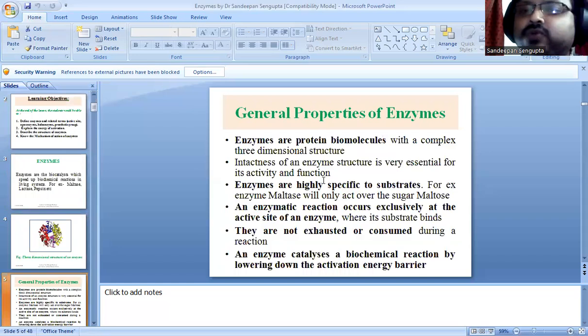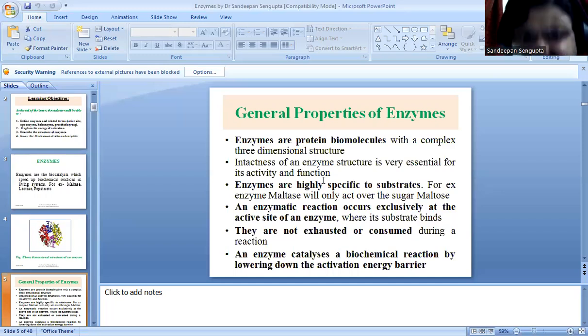Now, let us come across some general properties of enzymes, which we will study one by one. These will be applicable for almost all enzymes existing in biological systems. With few exceptions like ribozymes and abzymes, almost all other enzymes are proteins. They are proteinaceous in nature, and they have a very complex three-dimensional structure similar to the tertiary structure of proteins.